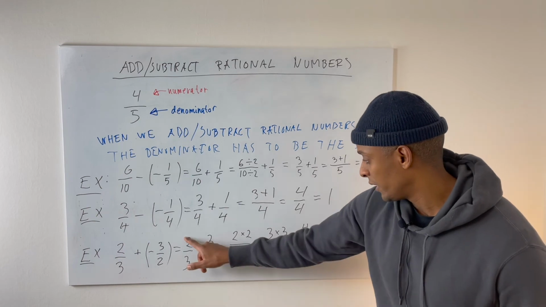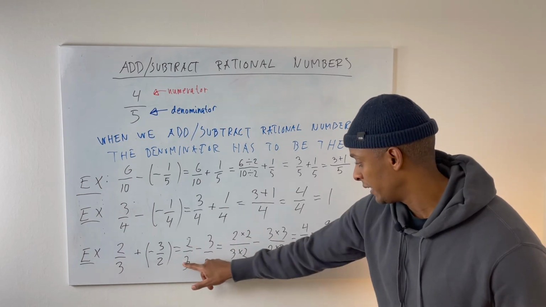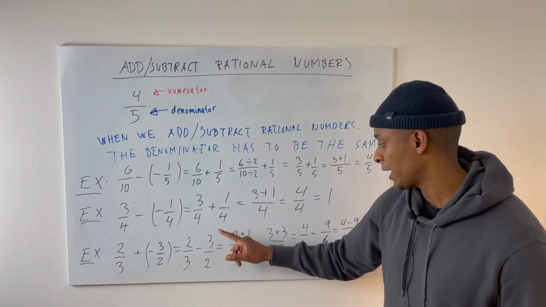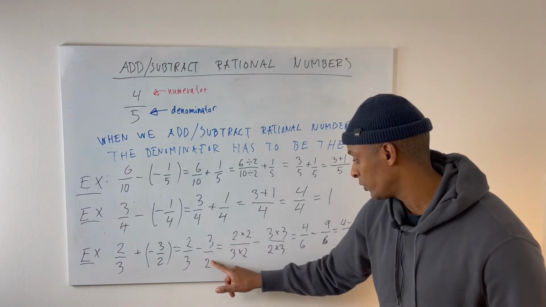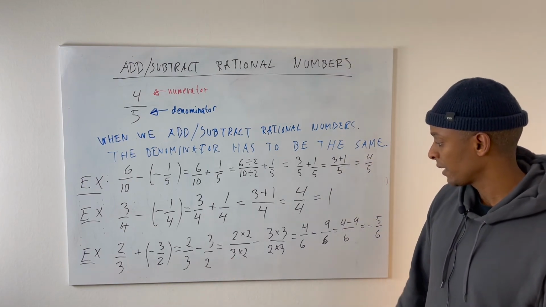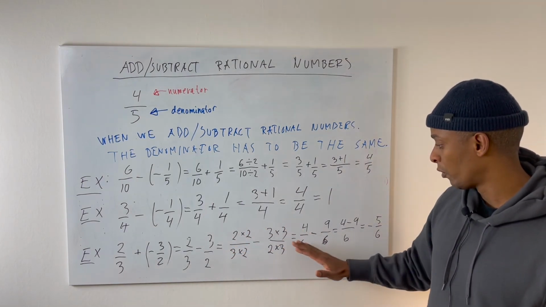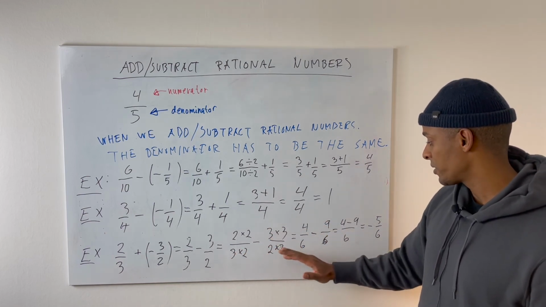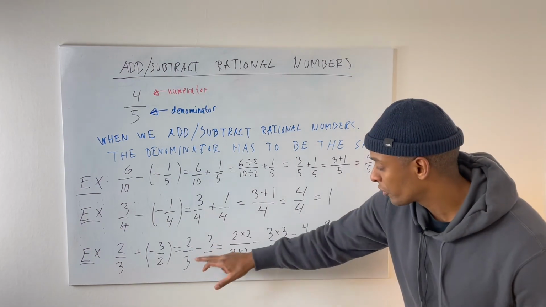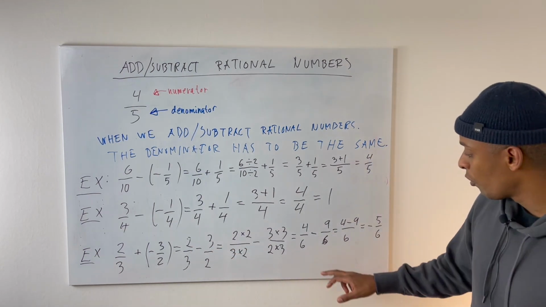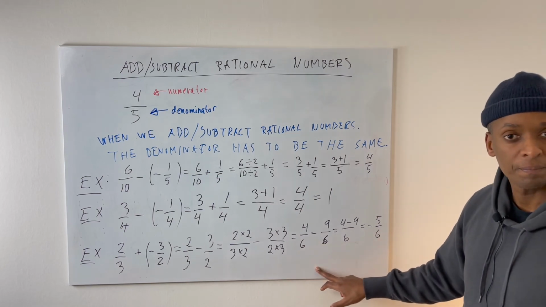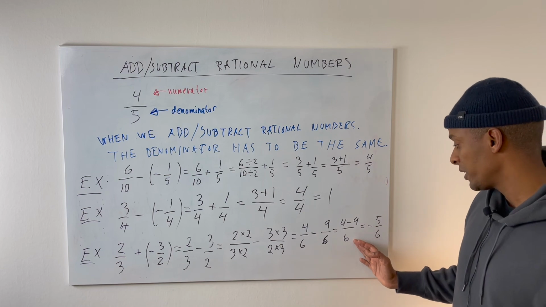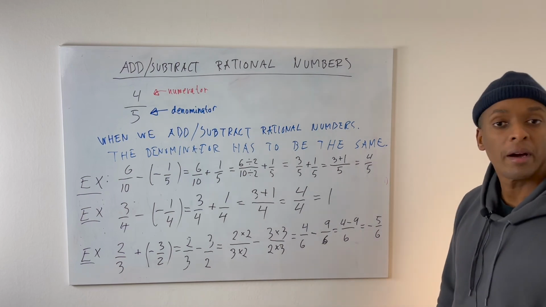So here we put 2 times 2, and here it becomes 3 times 2, minus 3 times 3 over 2 times 3. Then 2 times 2 is equal to 4, 3 times 2 is equal to 6, 3 times 3 is equal to 9, and 2 times 3 is equal to 6. This way of cross multiplying with the denominator always gives you the same denominator. Once we have the same denominator, we can put it over the same quotient, and then we have the answer, minus 5/6.